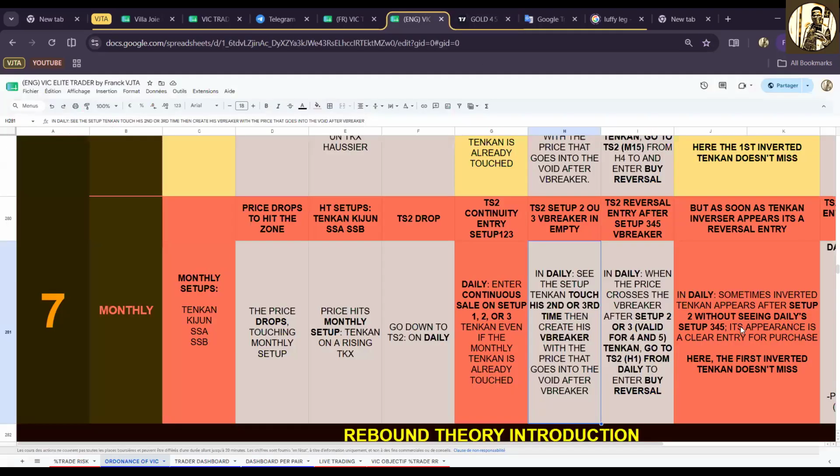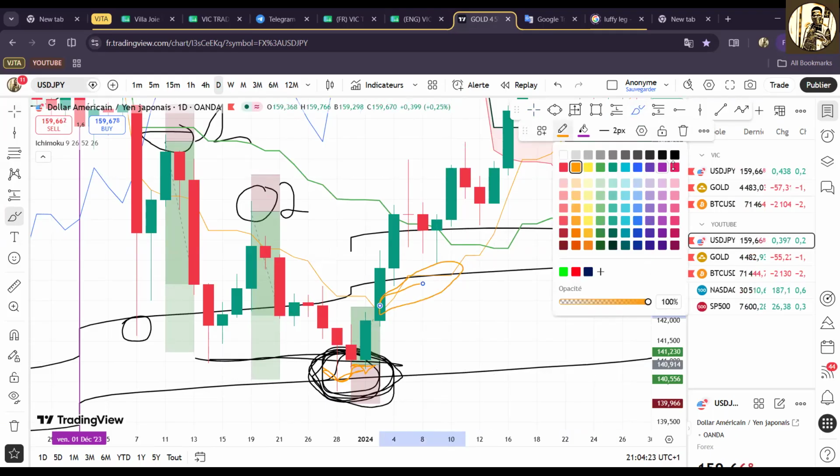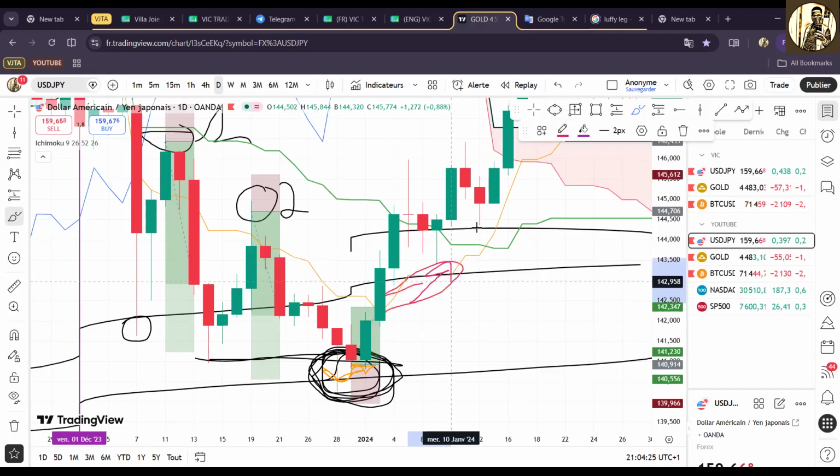Then, as soon as you see an inverted Tenkan to the upside, right, start buying the reversal entry to the upside. And on daily, as soon as you see an inverted Tenkan daily to the upside like this, start buying the market here. Just buy, keep buying.